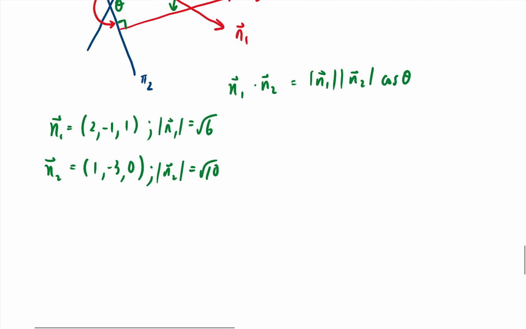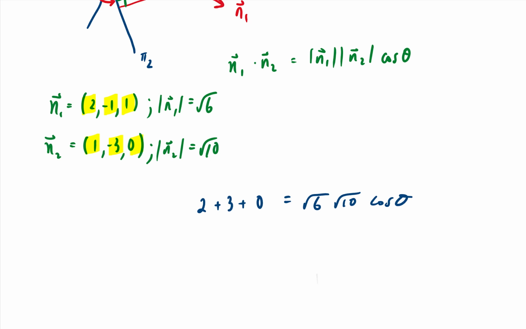So n1 dot n2, so that's the left side of the equation. That's going to be 2 plus 3 plus 0. So remember that is this times this, plus this times this, plus this times this. That's our dot product. That's equal to the magnitude of 6 times the magnitude of 10 cosine of theta.